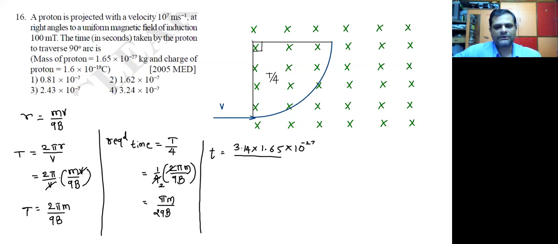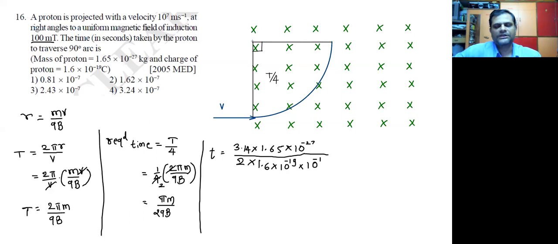And that is to be divided by 2 times the charge on the proton, which is the same as the charge on electron, that is 1.6 into 10 raised to minus 19. And B, that is the magnetic induction, which is already there, 100 millitesla. So 100 milli means 10 raised to minus 3. So 10 raised to 2 into 10 raised to minus 3 becomes actually 10 raised to minus 1 here.